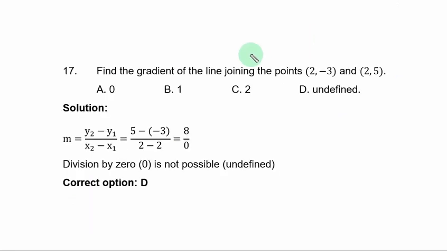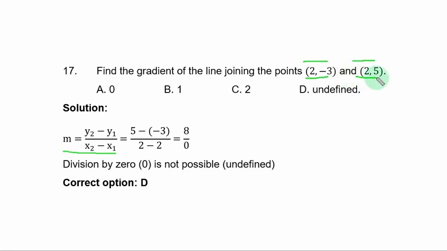Question 17. Find the gradient of the line joining the points (2, -3) and (2, 5). Solution. This is a formula for gradient. From the given points, you have x1, y1, x2, y2.